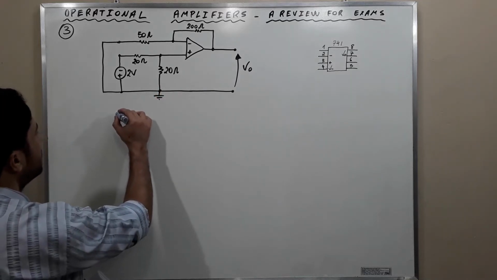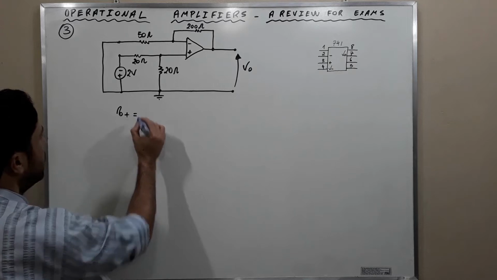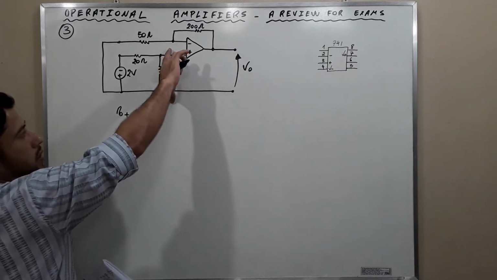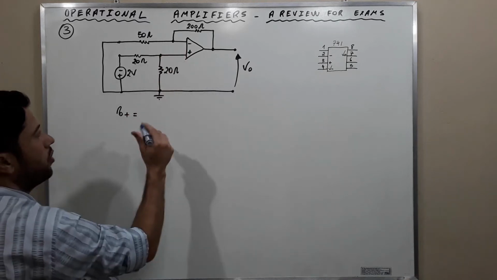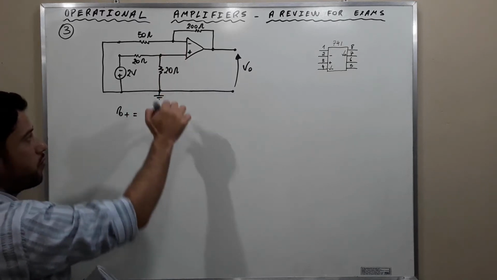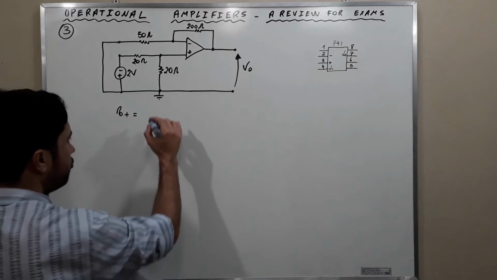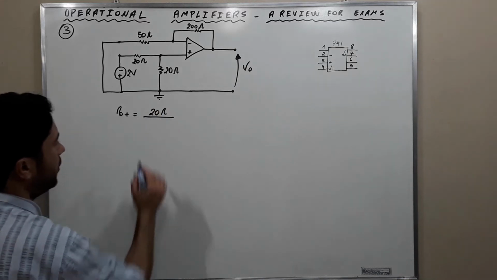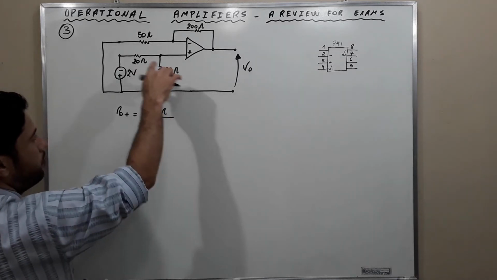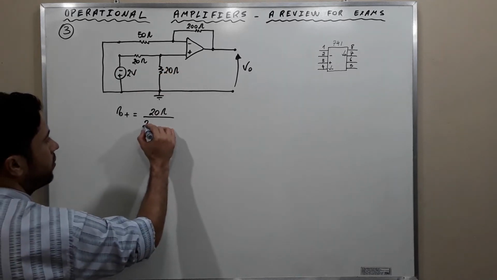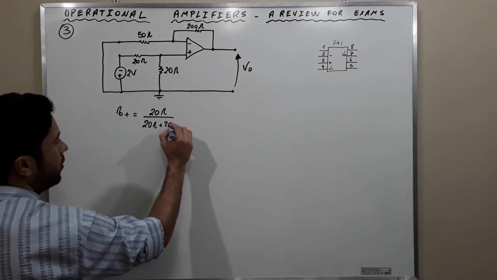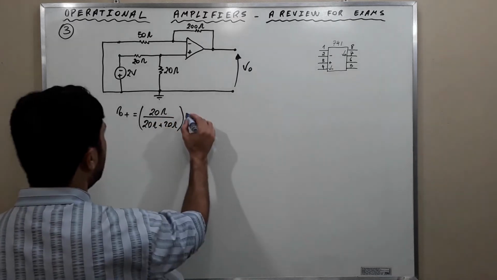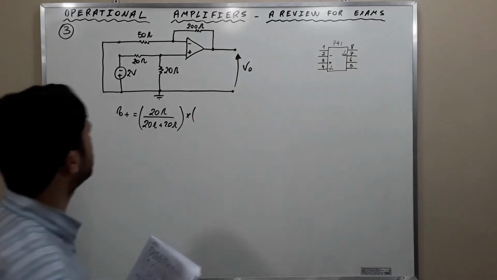So V plus is equal to, okay, the voltage is going to be here. So we are going to take this as a reference. It is going to be 20 ohms divided by this plus this, 20 plus 20, times the voltage.